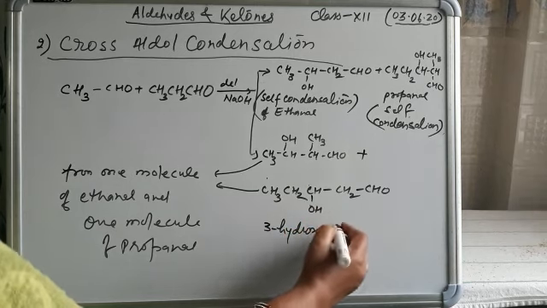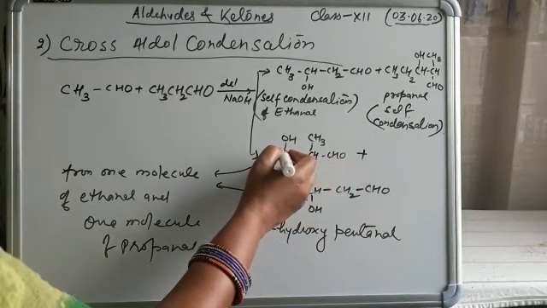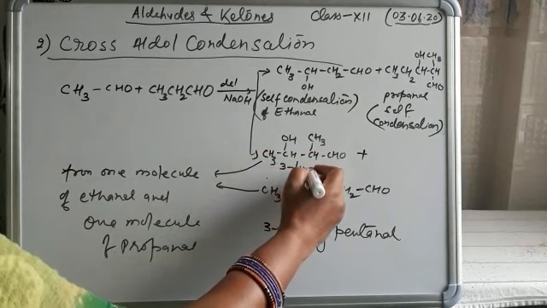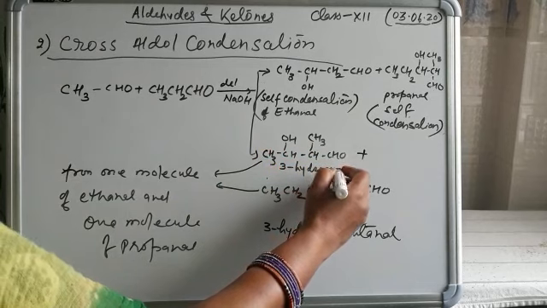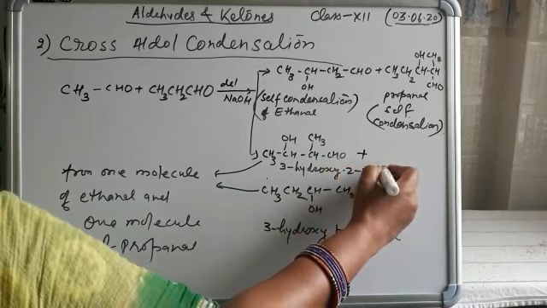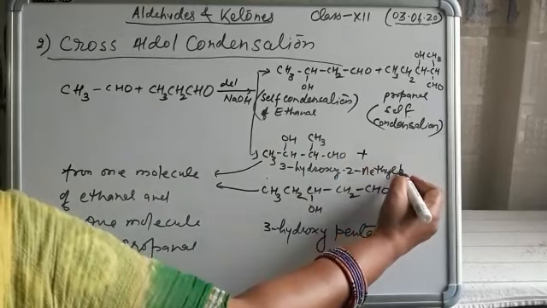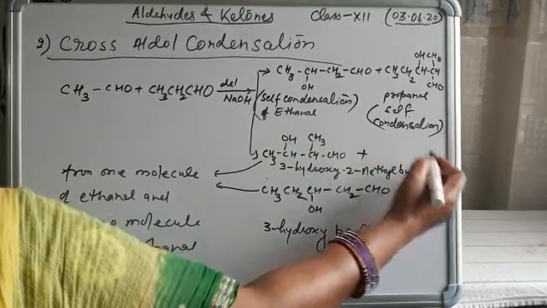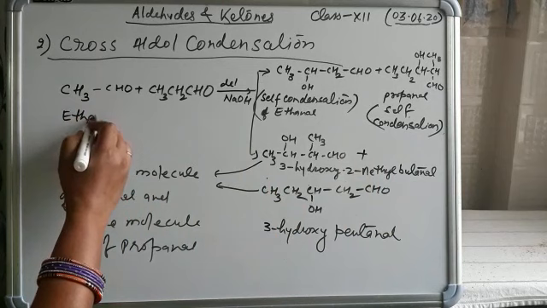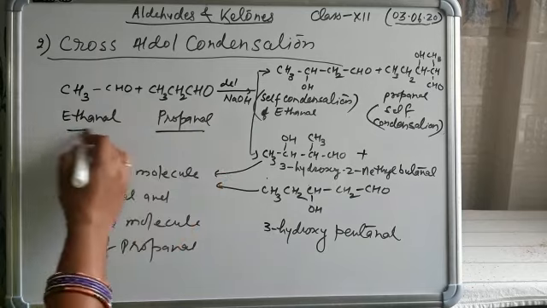1, 2, 3, 4, 3-hydroxy 2-methyl butanal. This product is formed when one molecule of ethanal and one molecule of propanal react to each other.